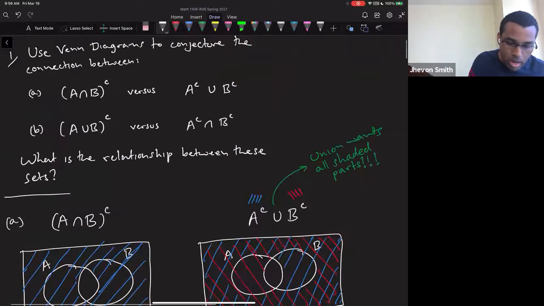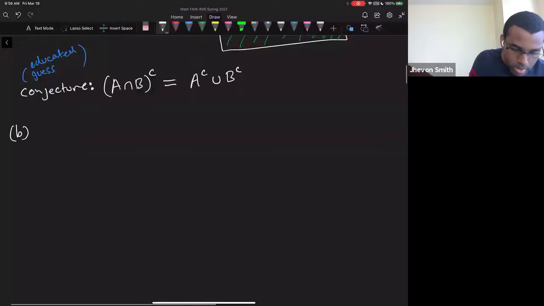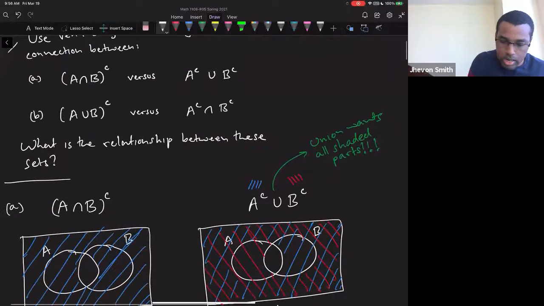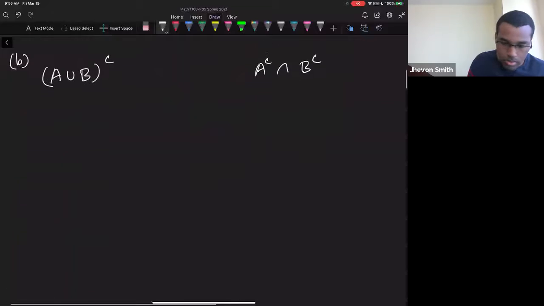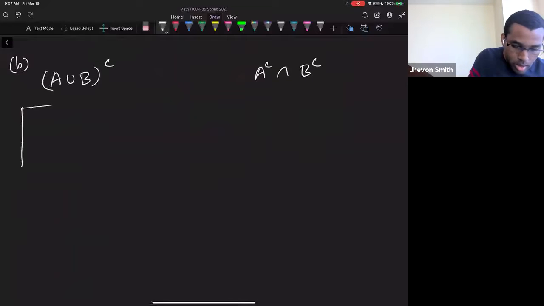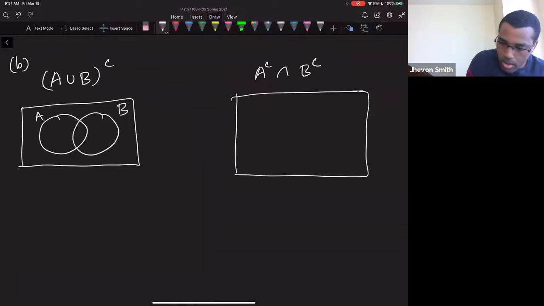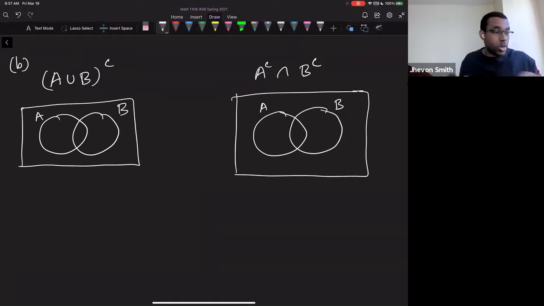D, we have the other one, the complement of the union. So if I take A union B complement, and then I take A complement intersect B complement, that was the other set I was looking at. So being able to know what region you are looking at is very important, especially for word problems later when we're going to be doing Venn diagrams.